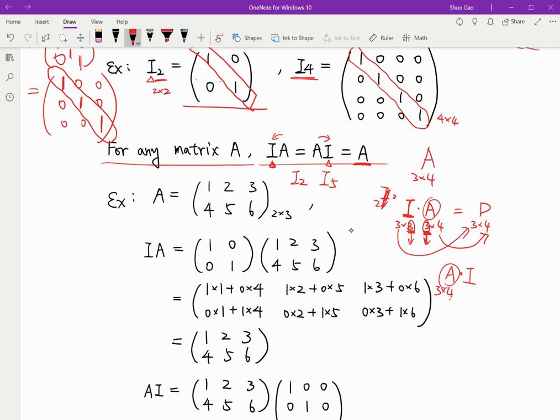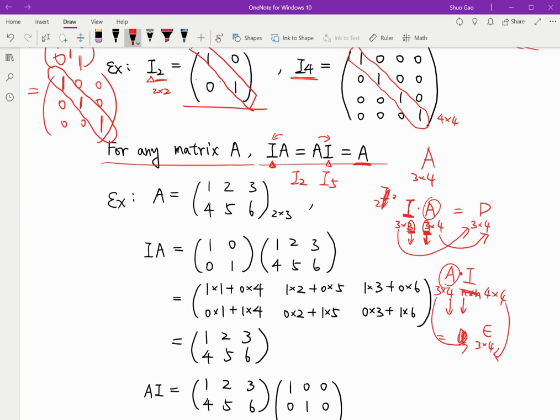So the column dimension of the first matrix should be equal to the row dimension of the second matrix. That means we have to find a 4 by 4 matrix to make them conformable. Right, so I has to be 4 by 4. And the resulting matrix, I call this E, should be of dimension 3 by 4.